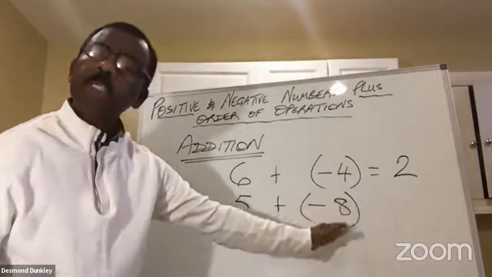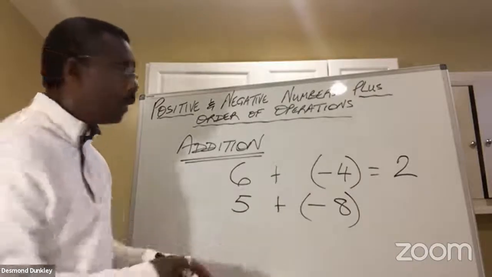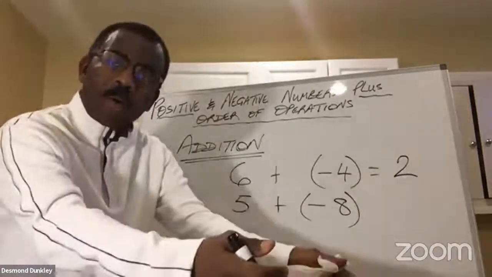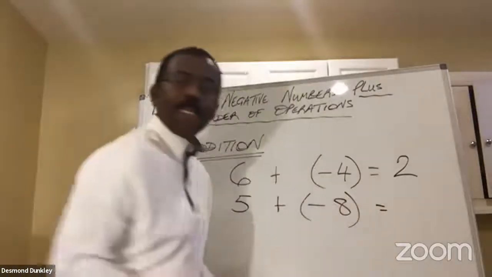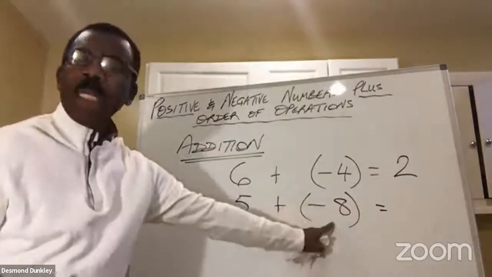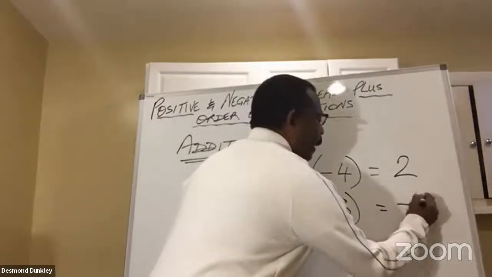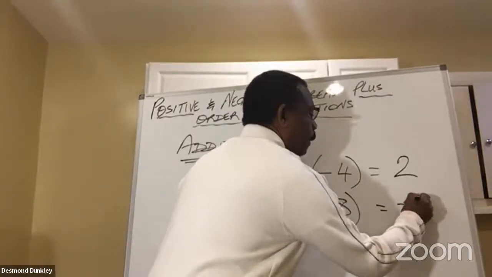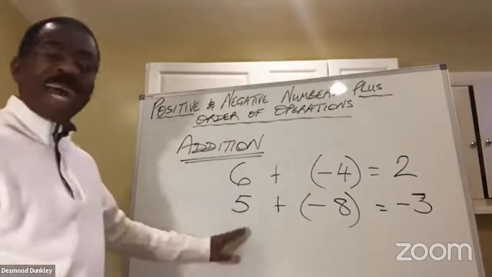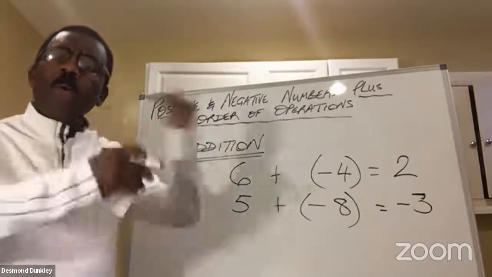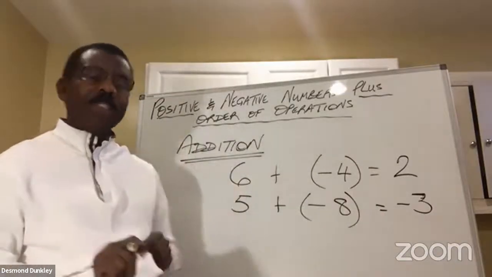So after we have used up 5 of these negatives to cancel these 5 positives, what is left over? What is the resultant? In this case, there are 3 negatives left over. So the result would be -3. Again, 8 negatives, 5 positives. So overall, 3 negatives. Let's try another example.